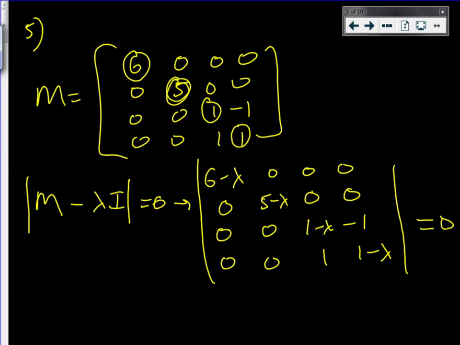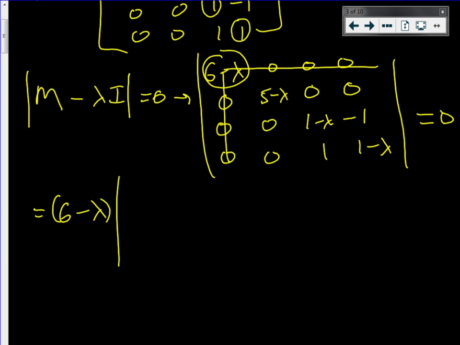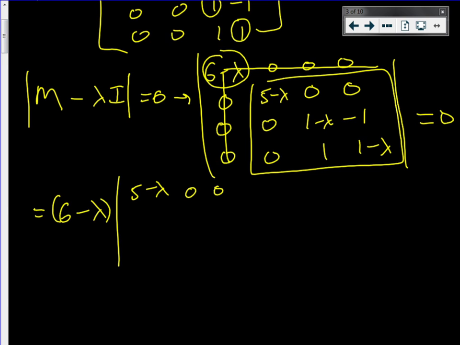So what I can do is the following. I can take this entry, 6 minus lambda, and multiply it by this determinant, which is 5 minus lambda, double 0, 0, 1 minus lambda, which I want to double check. Yeah, that's right. And then 0, 1, 1 minus lambda. Okay.